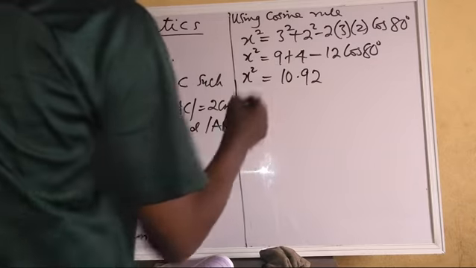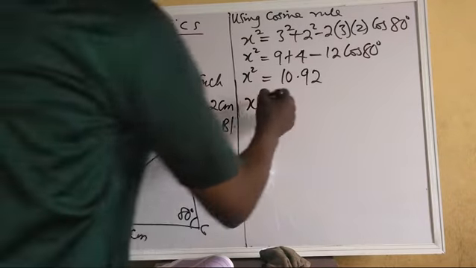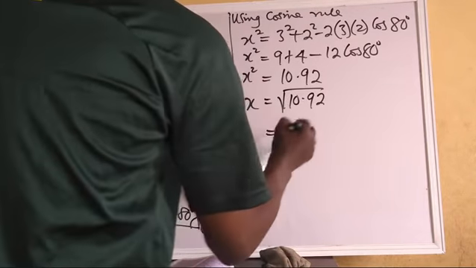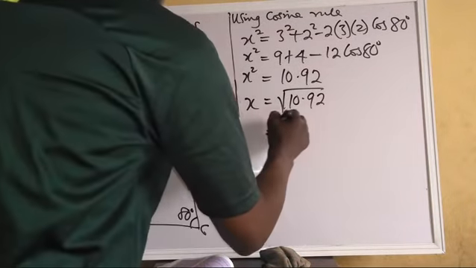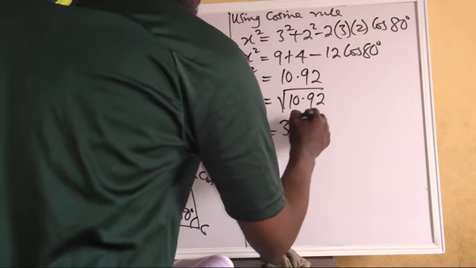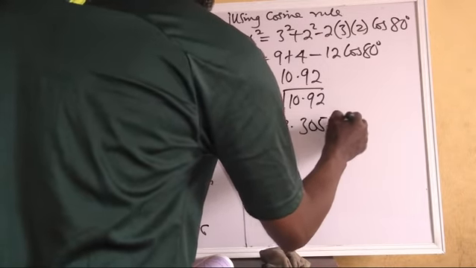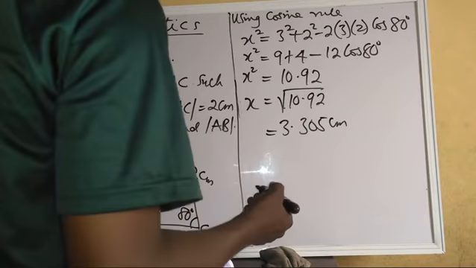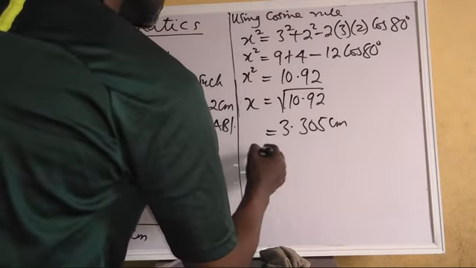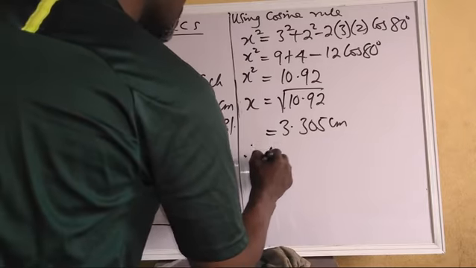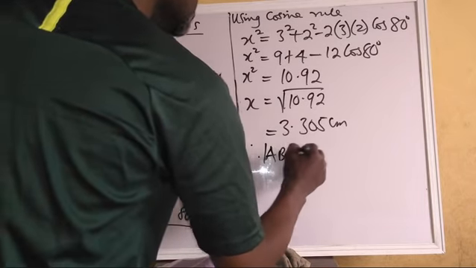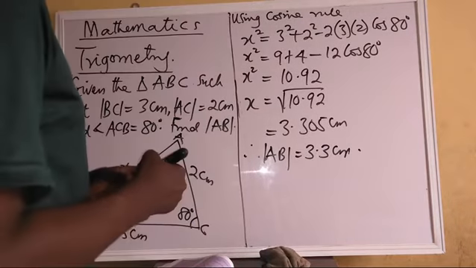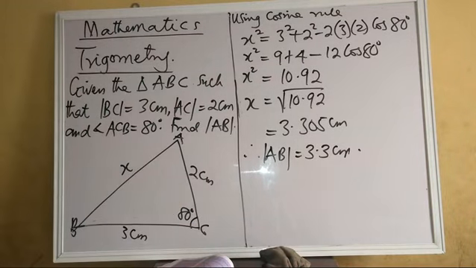To find x, we take the square root of 10.92, which will eventually give us 3.305 centimeters. So we need to change it to the nearest one decimal place. Therefore, AB is equal to 3.3 centimeters. That's how to apply cosine rule.